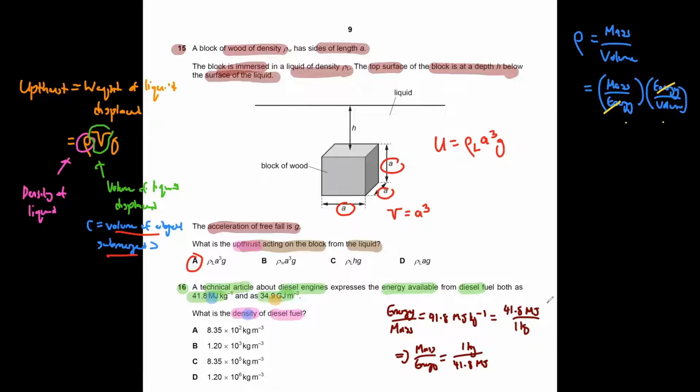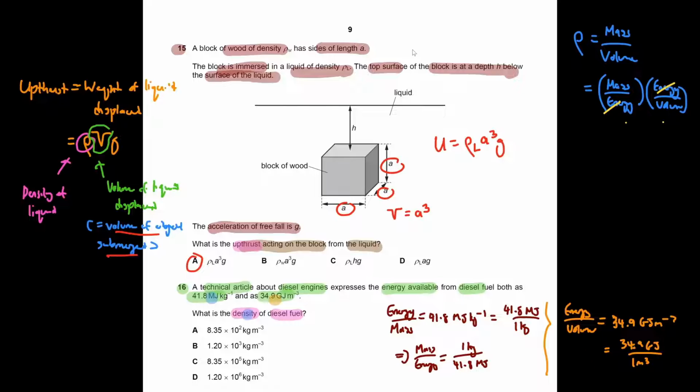And then the next one is energy per unit volume, which here will be 34.9 gigajoules per meter cube, which is the same as 34.9 gigajoules over 1 meter cube.